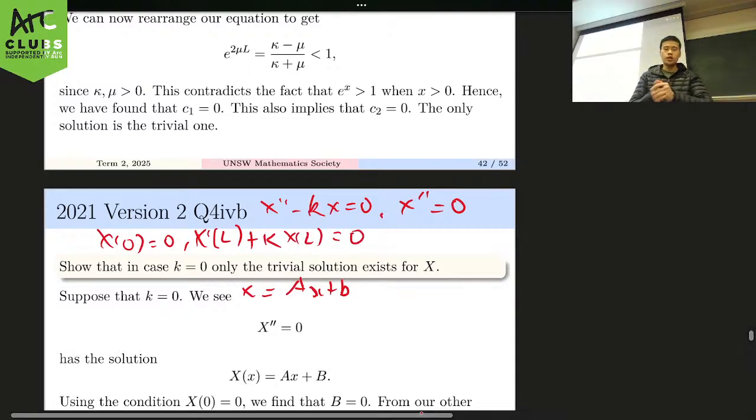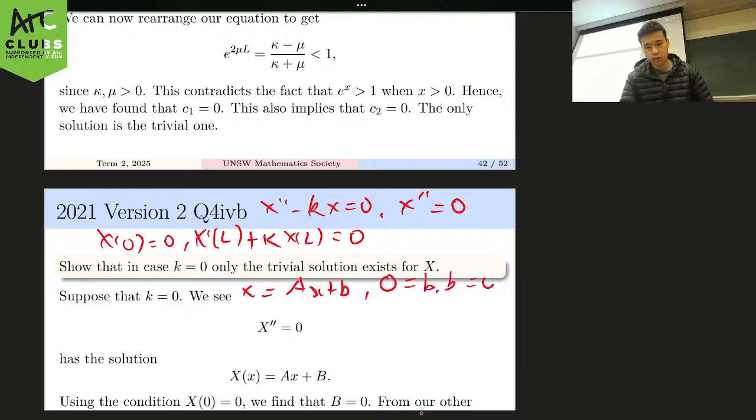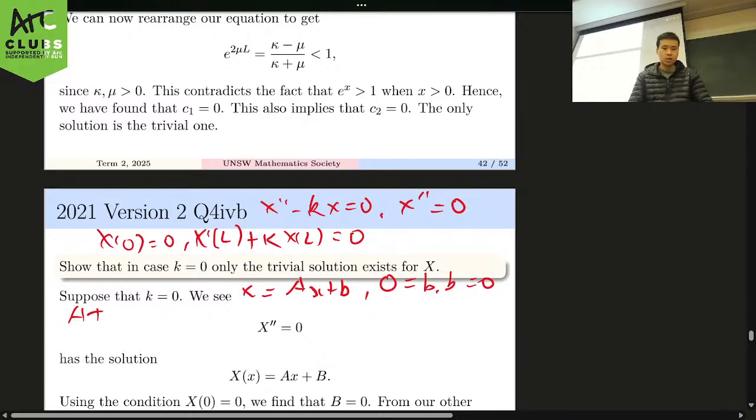Yeah, so again, we satisfy these conditions. When we sub in 0, we see that 0 is equal to a times 0 plus b, so b is 0. So that's gone. But then when we make this one here, x dash, x dash is just a, so a plus k of x at L, so sub in the L there.